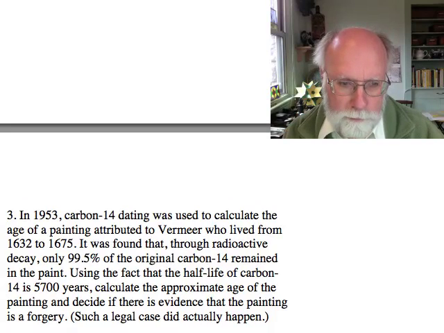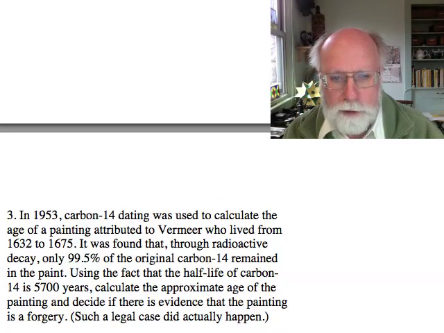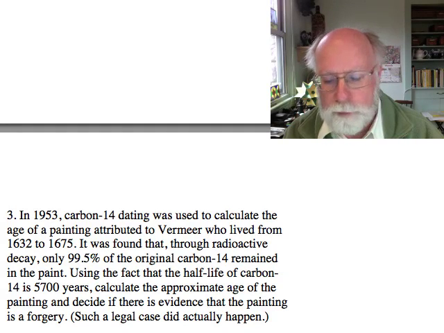Problem 3 is rather a chestnut. This same problem occurs in many calculus books, and it goes as follows. In 1953, carbon-14 dating was used to calculate the age of a painting attributed to a painter, Vermeer, who lived from 1632 to 1675.